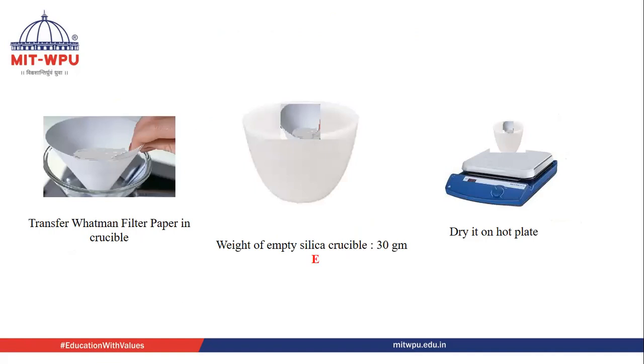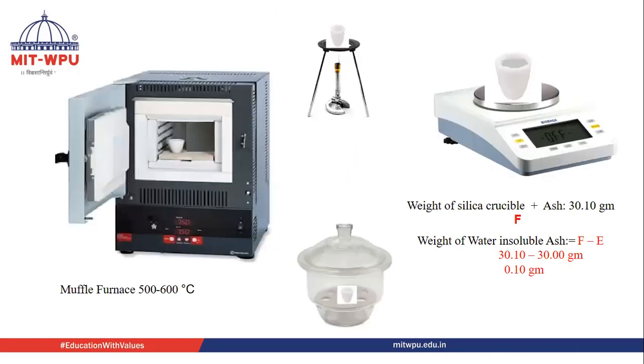to weigh it. For example, I label it E and weight is 30 gram. After that, I keep my Whatman filter paper in it and dry it on the hot plate. And once drying is completed, I will keep it in the muffle furnace or on the tripod stand, and after that, I will cool it.